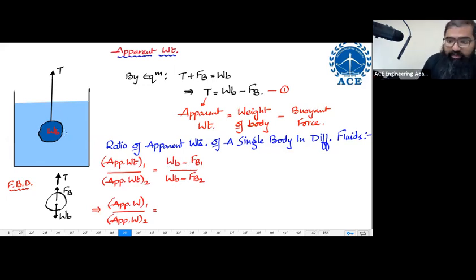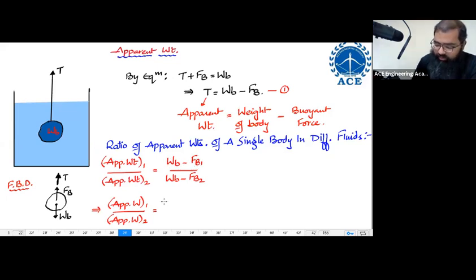This is a fully submerged body we are speaking about. That means whatever is the volume, look at my cursor please, the same volume will be over here, because the body is going to have the same volume as the volume of fluid displaced.